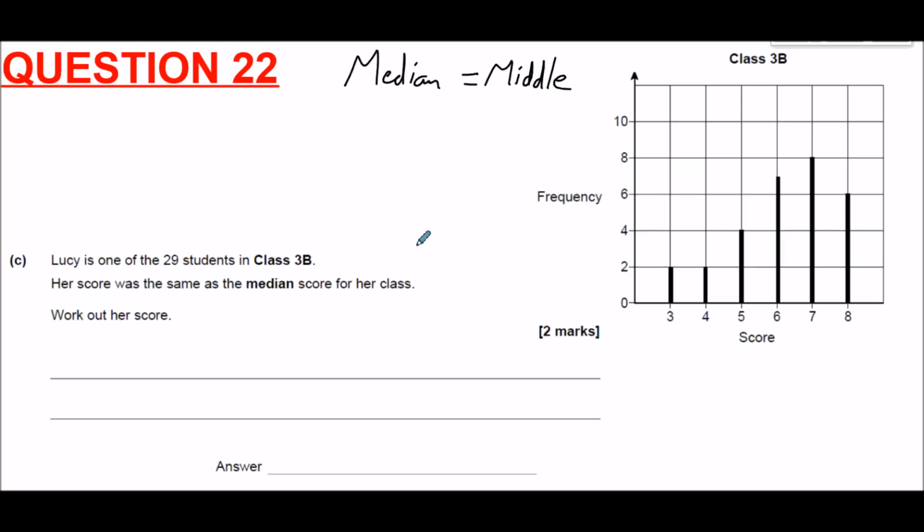So what we need to do here is imagine if there's 29 students put in order from worst score to best score, the middle student would actually be the 15th student. But for 2 marks, what I'd suggest, if you've got the time, we can list it out and do it exhaustively. So first of all, how many students scored 3 marks? There was 2. So 2 students scored 3.